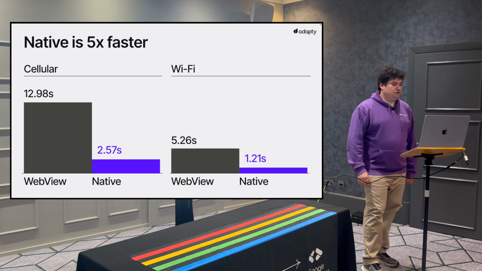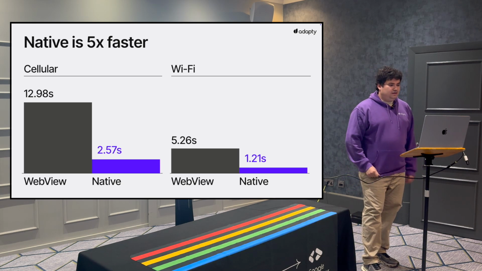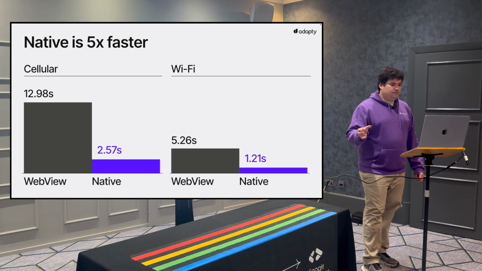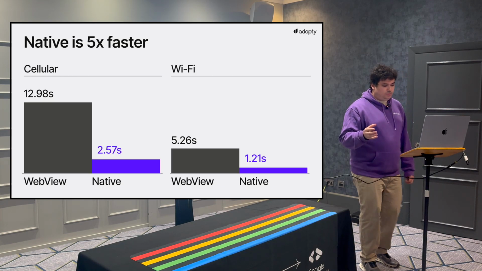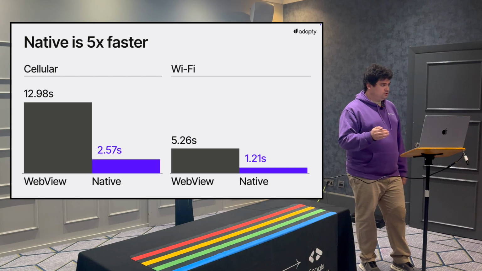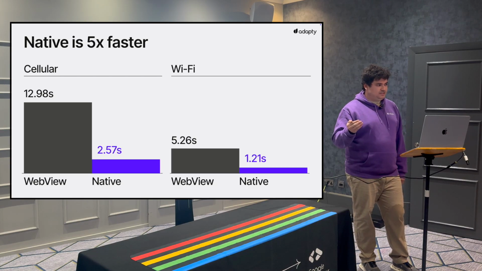As you can see on this chart, the difference between the native approach and web view is roughly 5 times. For paywalls, it is crucial to present them as soon as possible, because otherwise it will decrease the conversion.